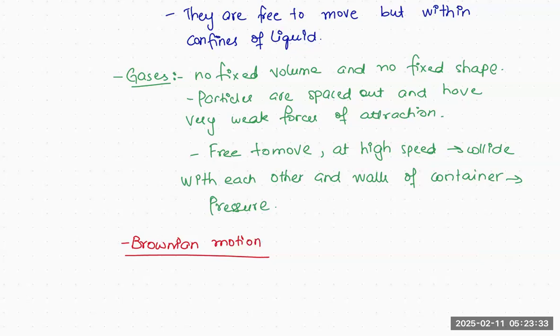And he basically noticed something really interesting. He noticed that he had a petri dish which had some pollen grains in it. So he noticed that the pollen grains seemed to be moving about, even though there were pollen grains in the water. Okay, so the petri dish had water in it and there were pollen grains in it.